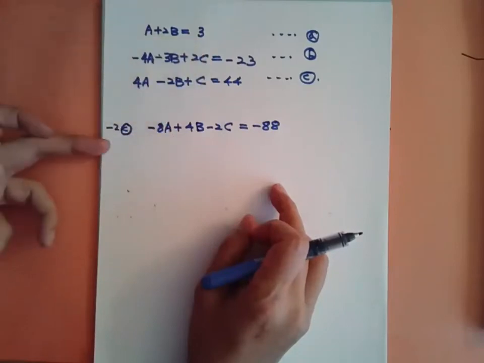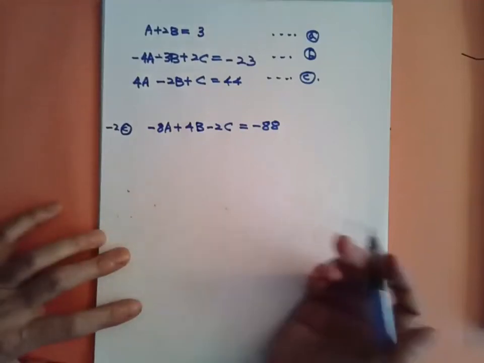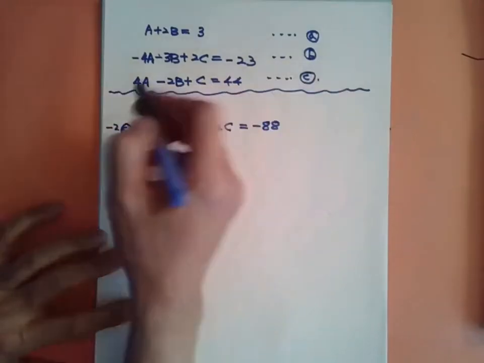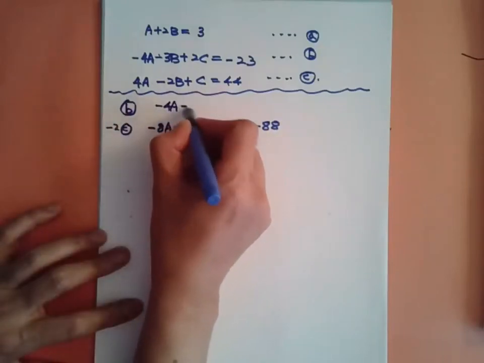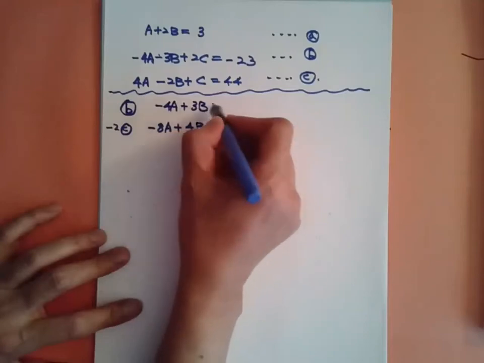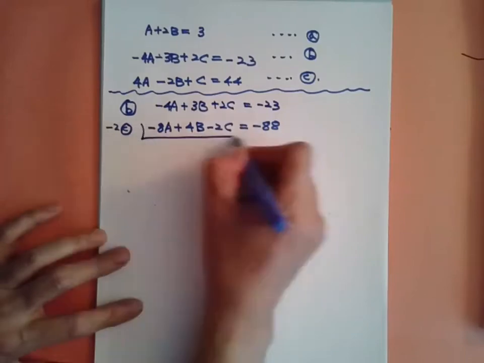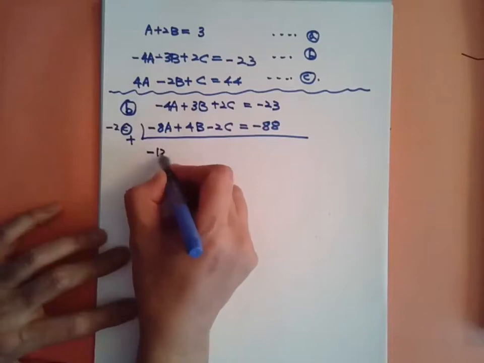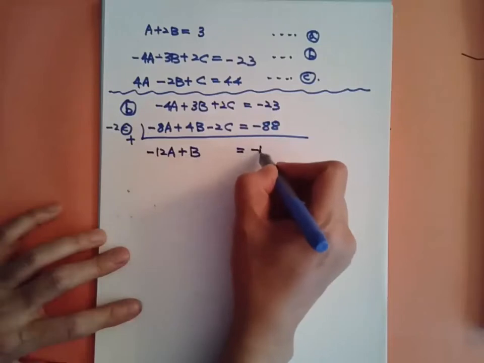That's the reason we thought about minus 2c, and then we combine that with B: minus 4a plus 3b plus 2c equals minus 23. So we add vertically, then we get minus 12a plus b equals minus 111.